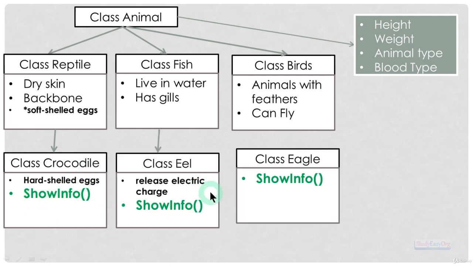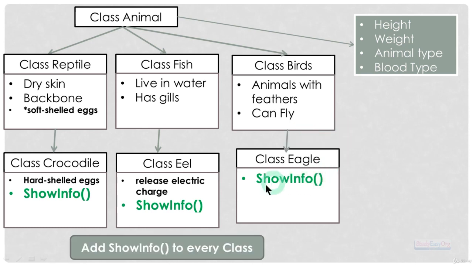Then we will also have classes like eel, which also has a special property, it releases an electric charge. Again, we will have the show info method, and finally we will have the eagle class which will show info. And we will also try to add this show info method to each and every class. That would be a good thing to have.